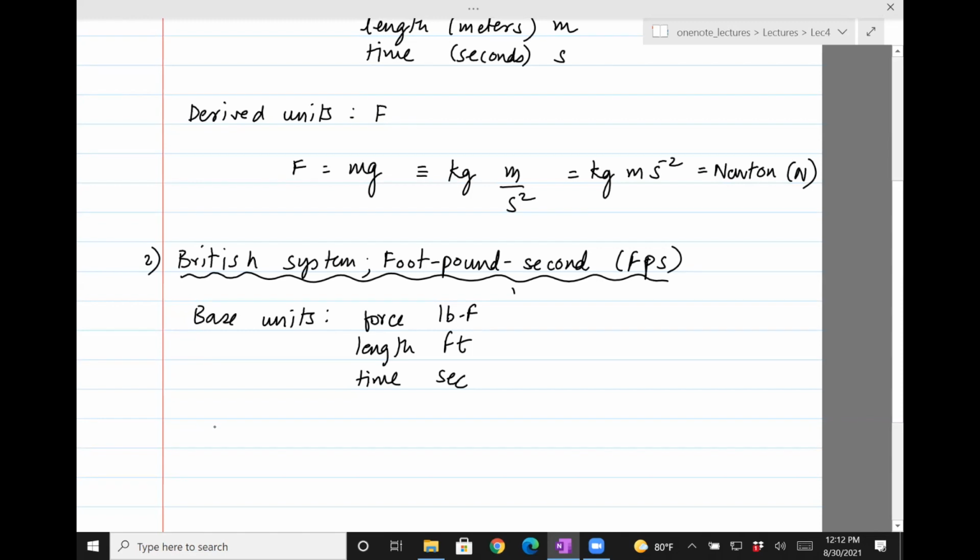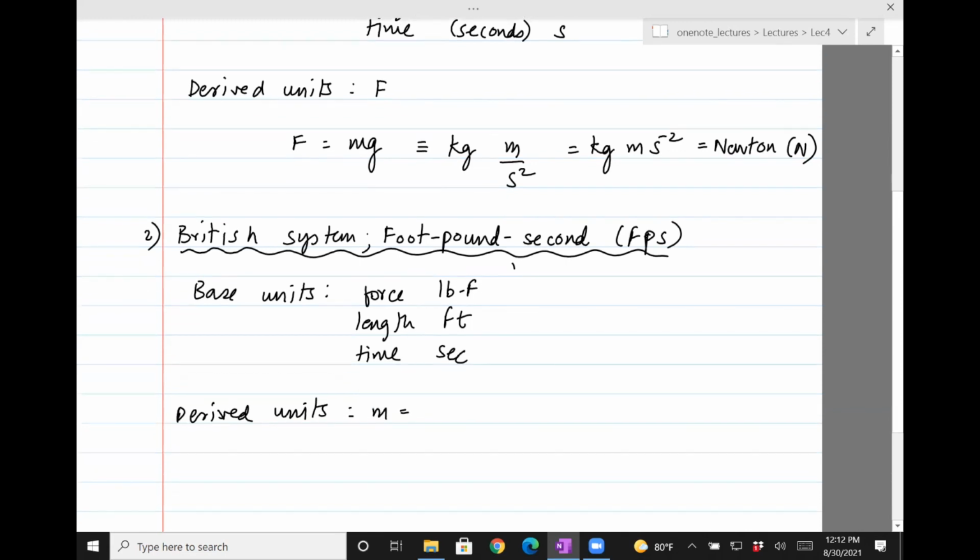But if you want to derive units of mass, mass is force divided by g. Force is lbf, gravity is feet per second squared.